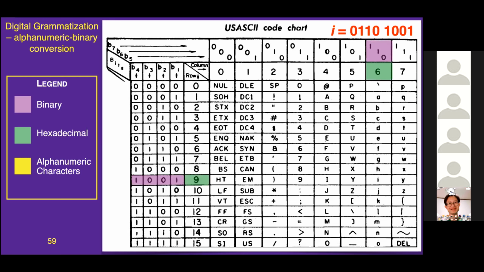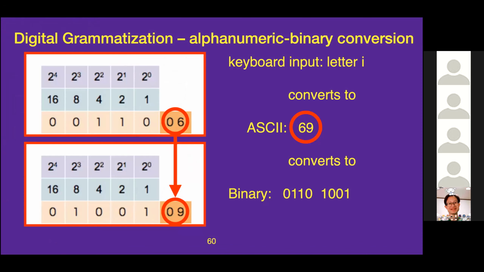For example, the binary number for the lowercase letter i is 01101001. Thus, a keyboard input of the letter i converts to ASCII 105, which in turn converts to binary 01101001.